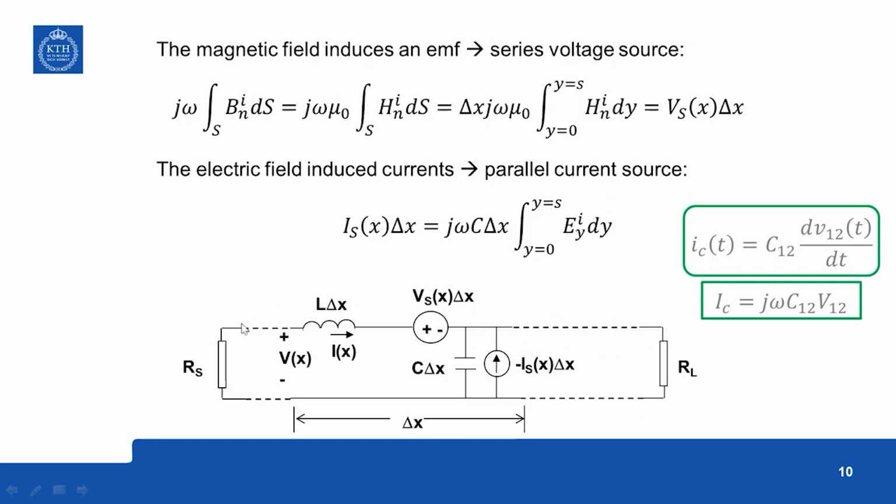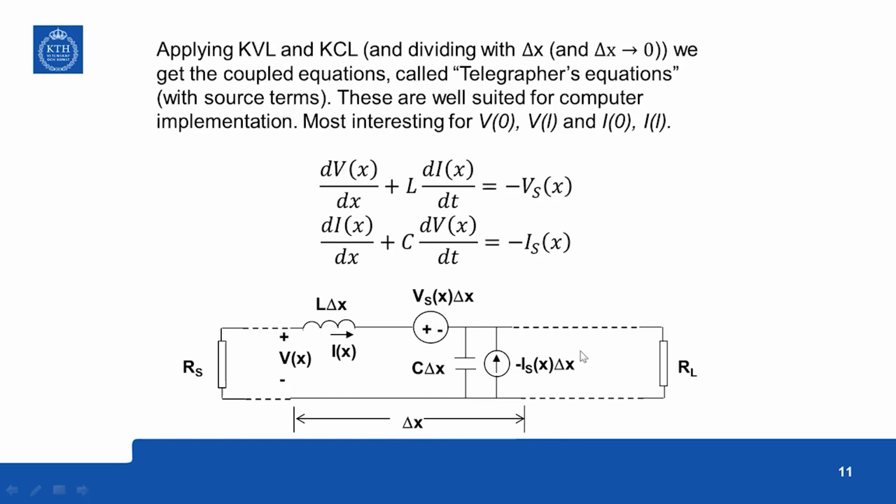So this is the generic case. Then we can apply Kirchhoff's voltage law and Kirchhoff's current law, and dividing by delta x and delta x tending to 0, you get the differential forms. This is what is called telegraph's equations. We can derive this from this equivalent circuit.